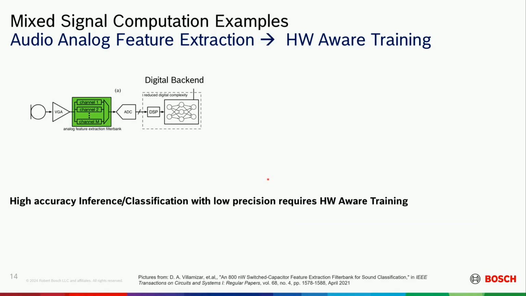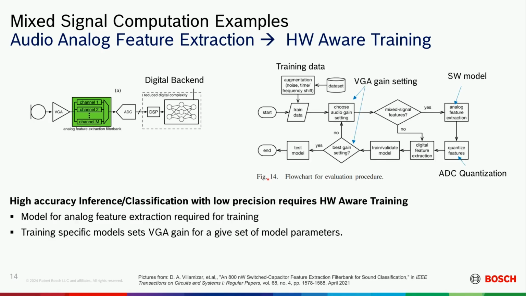And then the last thing I want to mention, I will talk about this again later on, is hardware-aware training. If we want to reduce the precision of the front end and the bit precision of our devices, and then perform inference, then if you're using TensorFlow or PyTorch or something like this, you're going to need to model your system when you do training, because these systems introduce error.